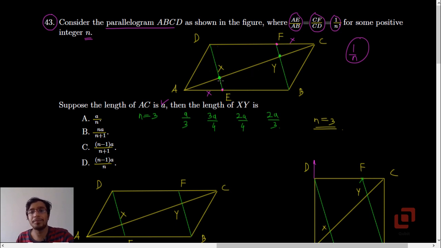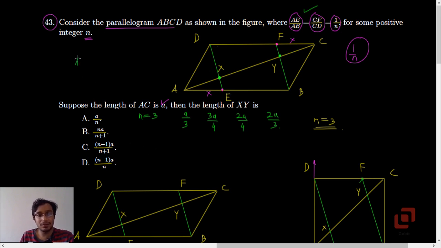Now X and Y are at the intersection of the diagonal AC with DE and FB, and the locations of E and F have already been told to us in the problem. Now what I have done is I have introduced two simplifications, which will lead us to the correct answer.